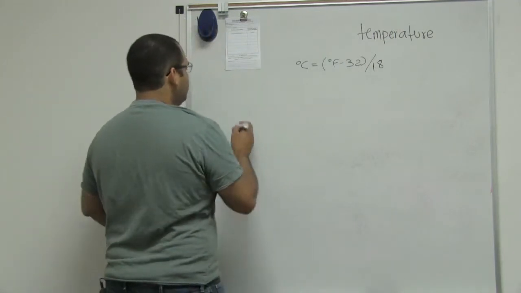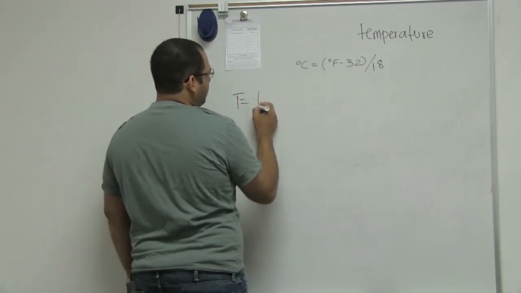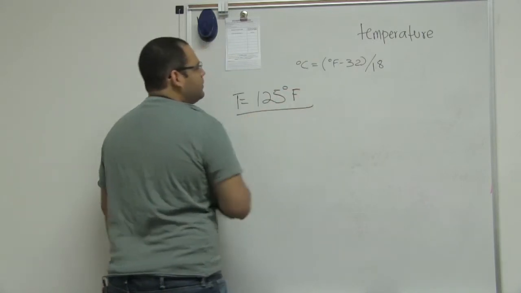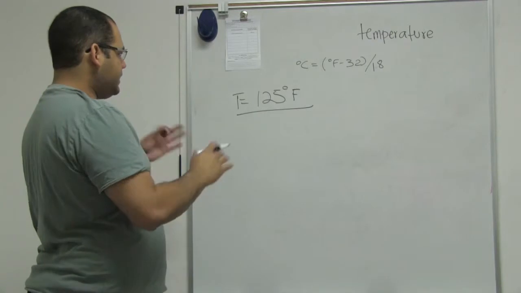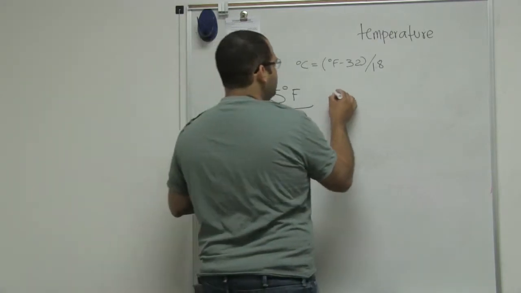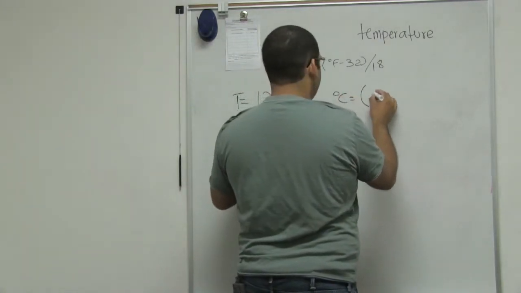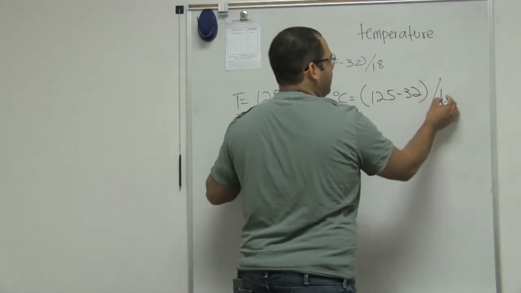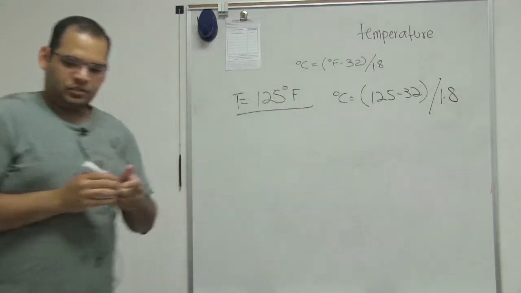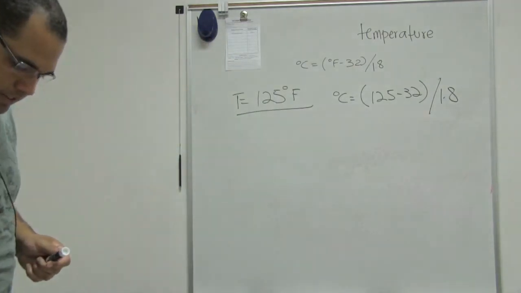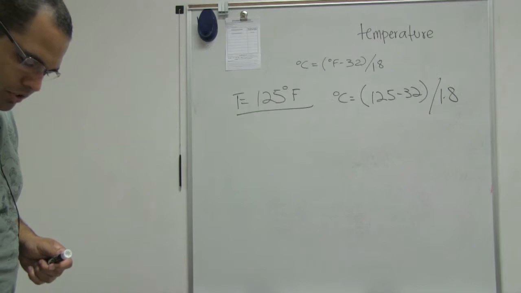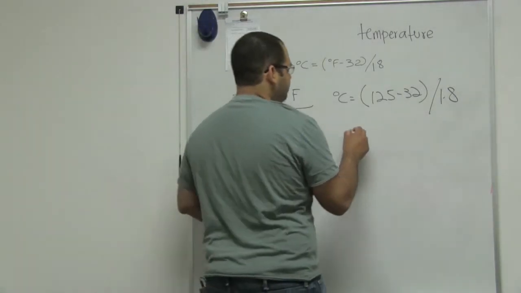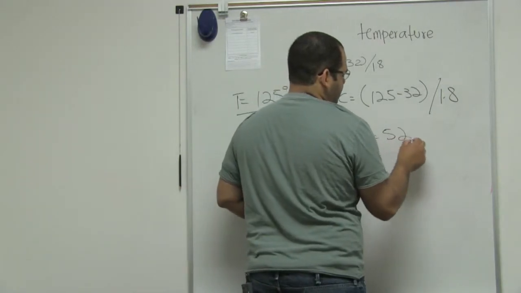So if I say, well, the temperature now is 125 Fahrenheit, can you tell me how much it is in Celsius? Yes. So I plug in my equation 125 minus 32 and I divide it by 1.8. So don't forget to use your parentheses. 125 minus 32, divided by 1.8, gives me 52 Celsius.